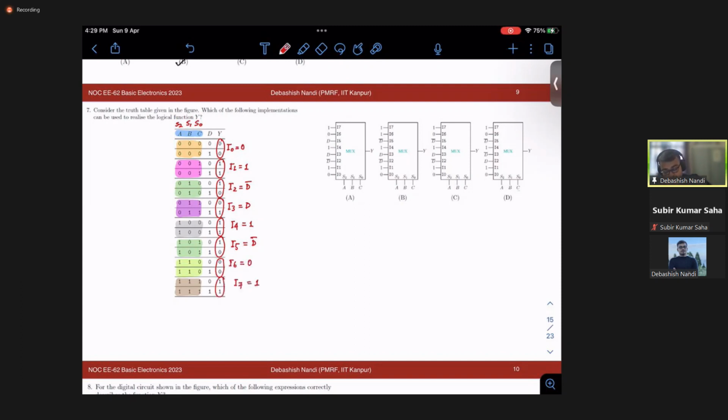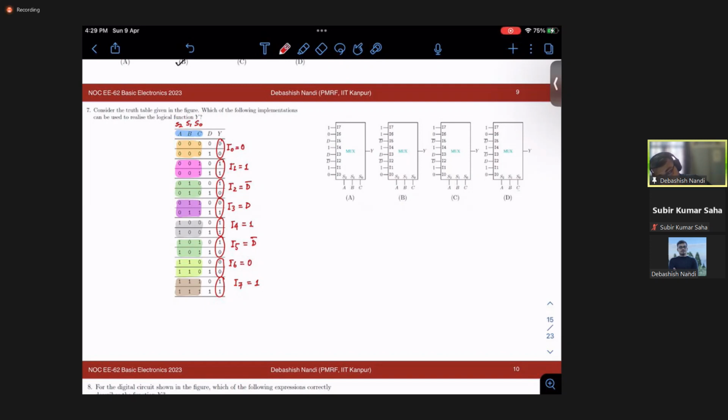Okay. So your sequence would be, first thing will be 0. Second thing is 1. Third thing is d bar. Fourth one, I3, is d. I4 is 1. I5 is d bar. I6 is 0.